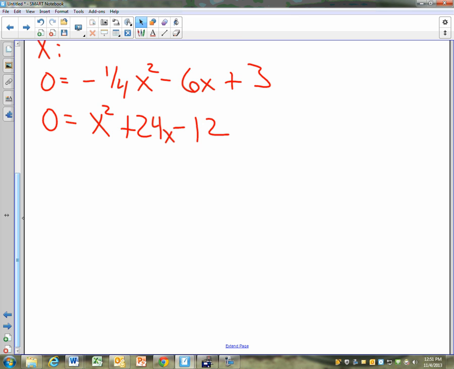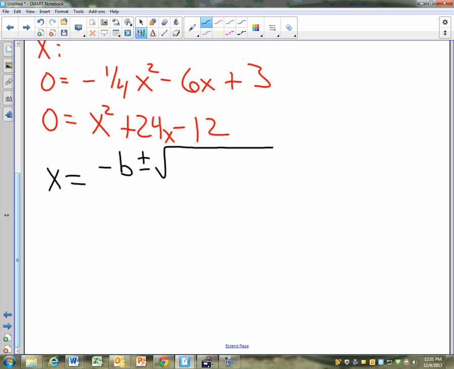Let's use our quadratic formula, which says negative b plus or minus the square root of b squared minus 4ac, all divided by 2a. What is negative b? Negative 24.